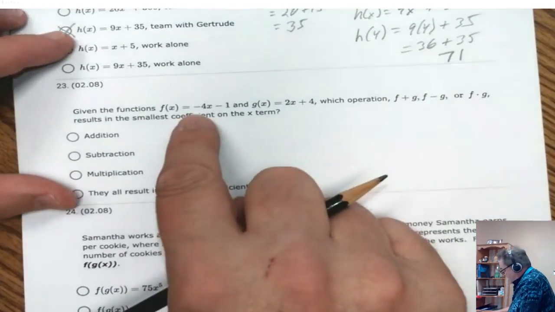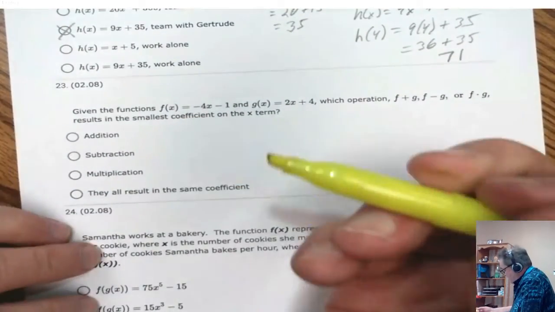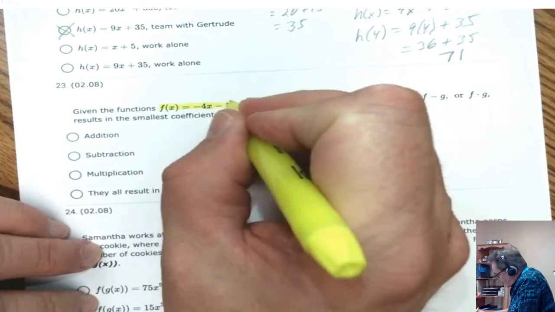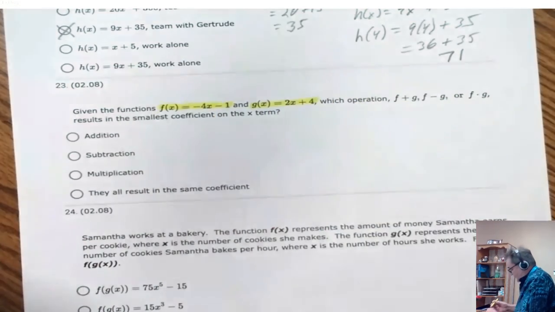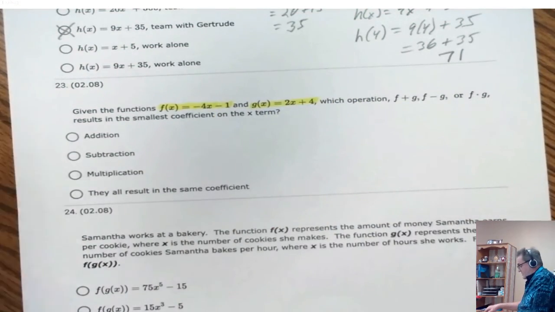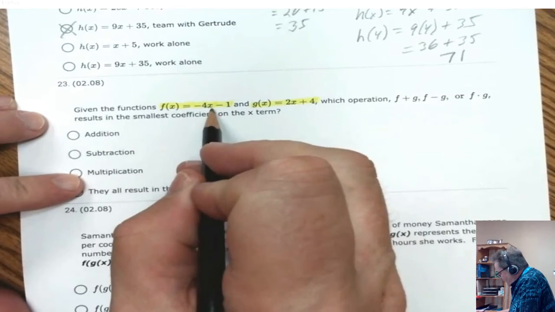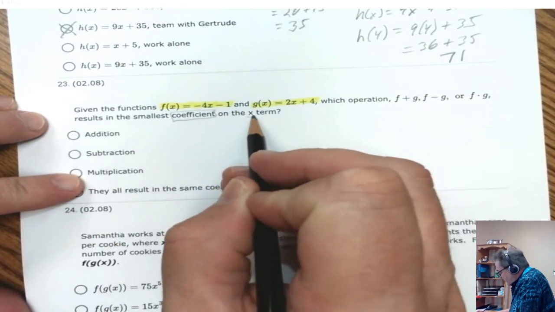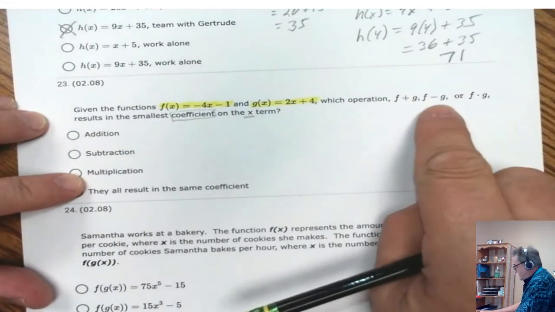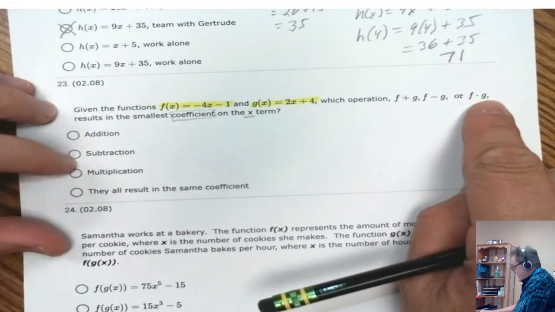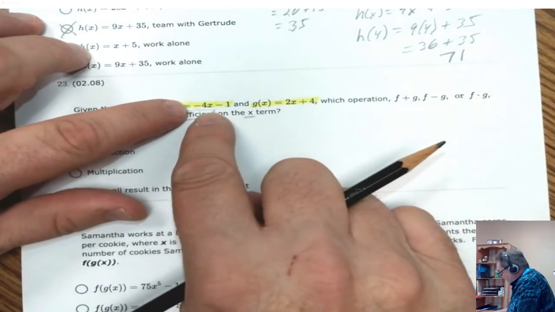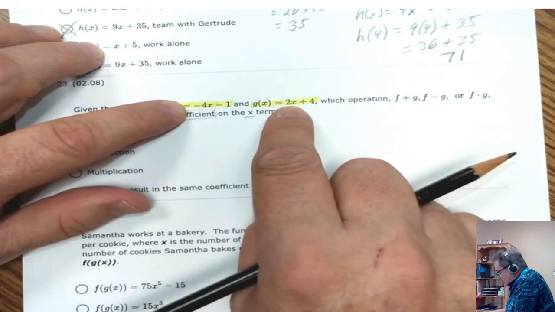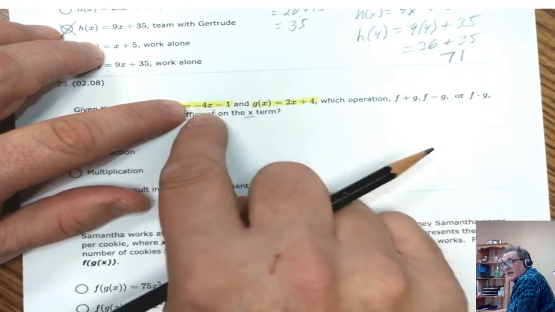Given the functions, let's highlight these again: f(x) equals negative 4x minus 1, g(x) equals 2x plus 4. Which operation results in the smallest coefficient on the x? We have to add them, subtract them, and multiply them. If we add these together, negative 4x plus 2x, we can only put like terms together.